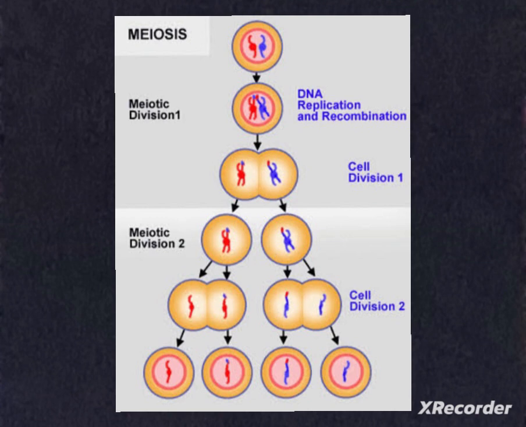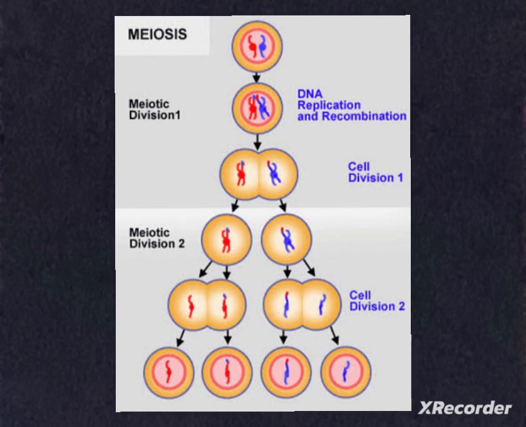Now let's have a glance at the key points for meiosis. Meiosis is a reductional process in which a single cell divides twice to produce four cells with half the original amount of chromosomes. The number of chromosomes is reduced to half, that is, from diploid to haploid.